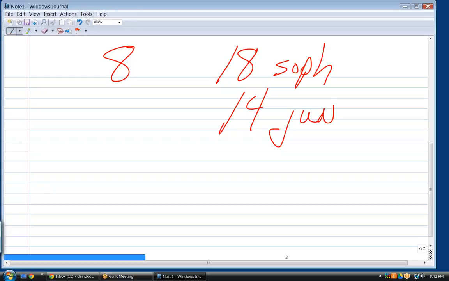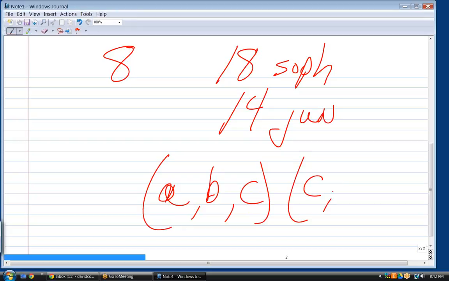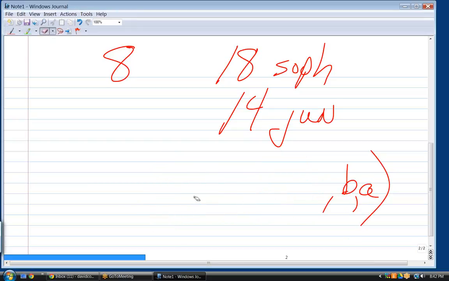In this committee, does order matter or not? This is an easy one to see. No. If I have a committee of 3 people, I don't care if it's A, B, C, or C, B, A. It's the same committee. So order does not matter. So it's a combination problem.